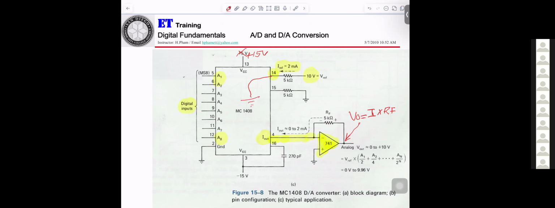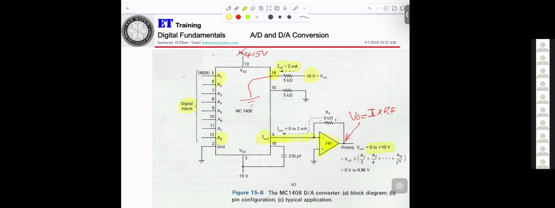And then you can get the current out, and the maximum will be 2 milliamp. Okay? Vout equals 0 to 10 volt. Okay? That's what they're telling you right here.